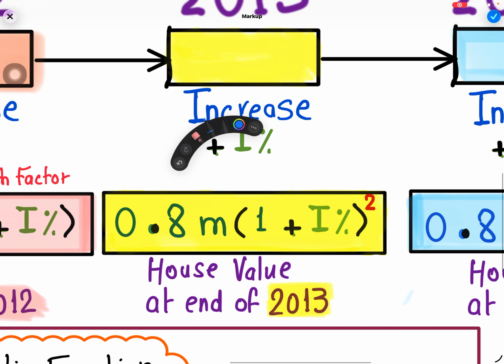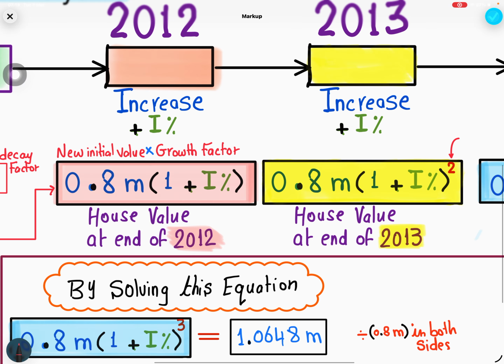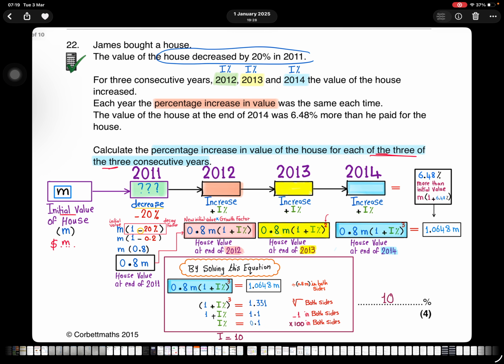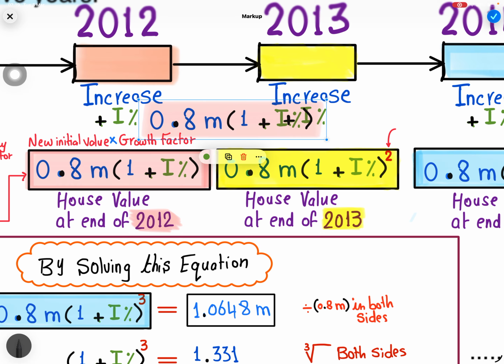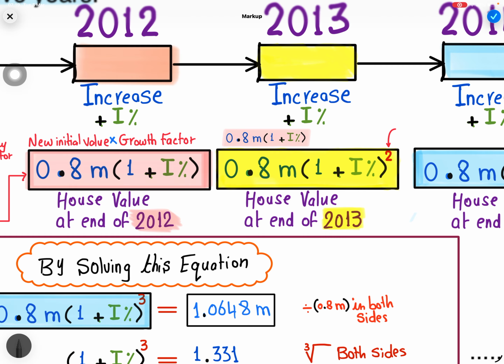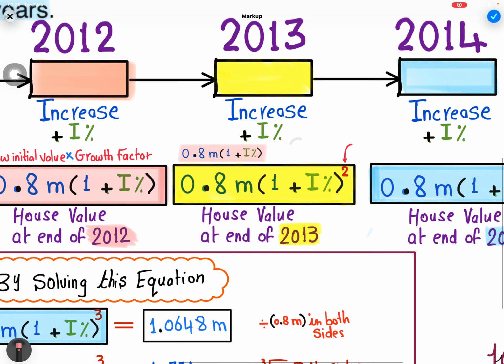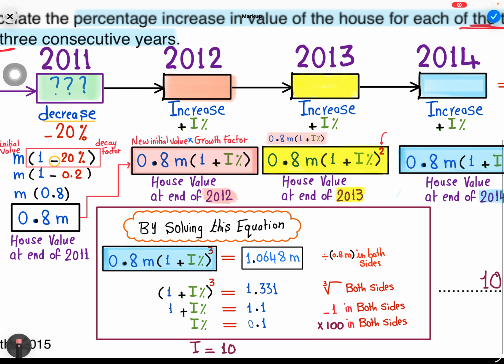So that's why it will be squared here. Why do we put square here? Because let's say all of this bracket now is the new initial value, multiplied by the new growth factor, which is 1 plus I%.